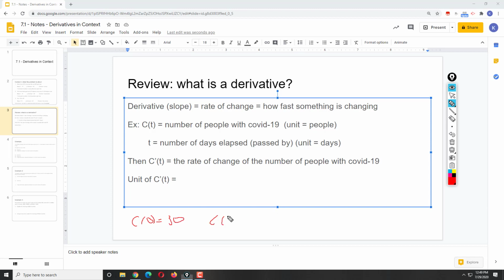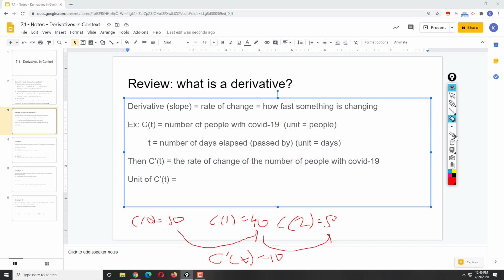If tomorrow there are 40, the day after that, 50, if it's going up by 10 every time, if it's 30 to 40 to 50, then it seems like the rate of change is 10, right? So really, the derivative is how quickly COVID-19 is spreading. The way you can write it is just the rate of change of the number of people with COVID-19.